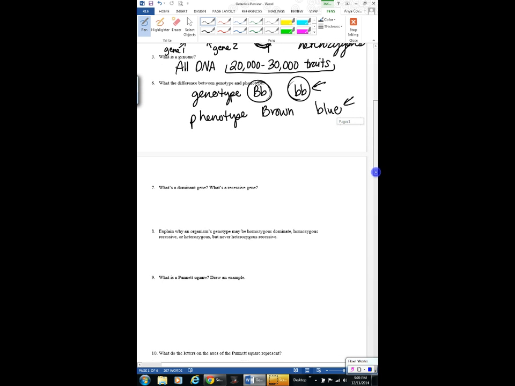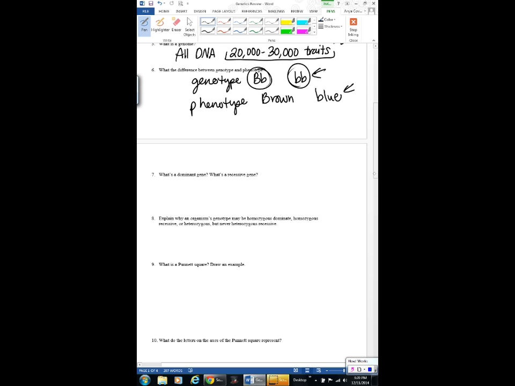All right, what is a dominant gene? What's a recessive gene? So dominant is going to be something that is more prevalent or is going to come through on the gene. So brown eyes are always dominant over green, which is dominant over blue.